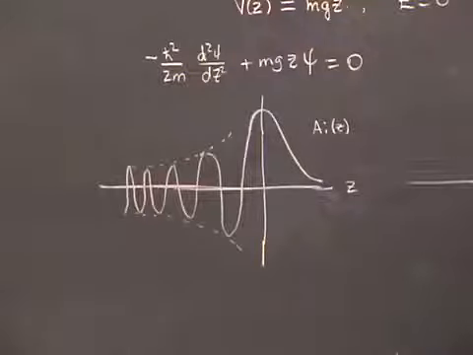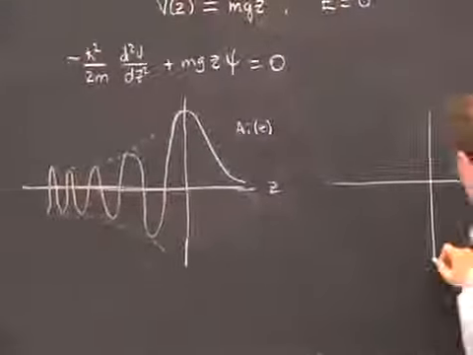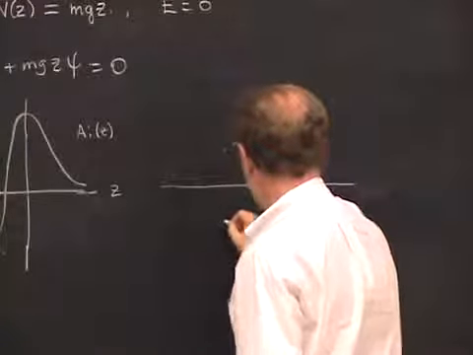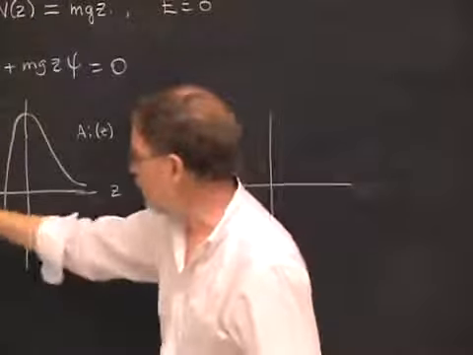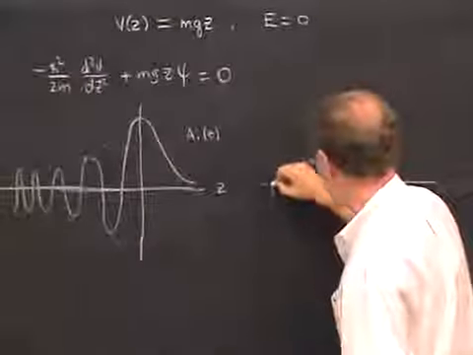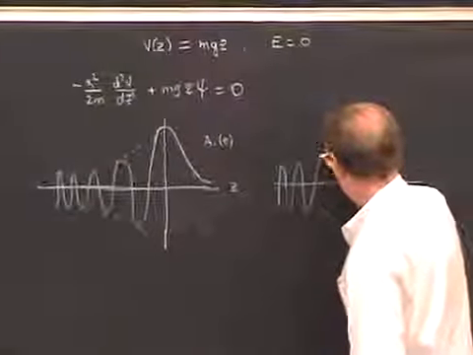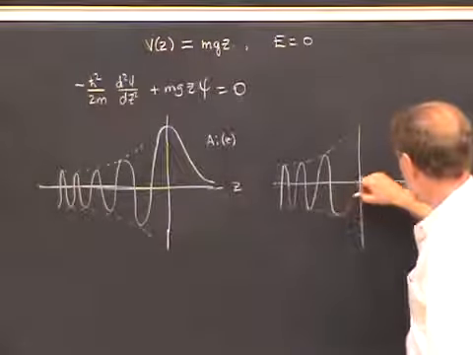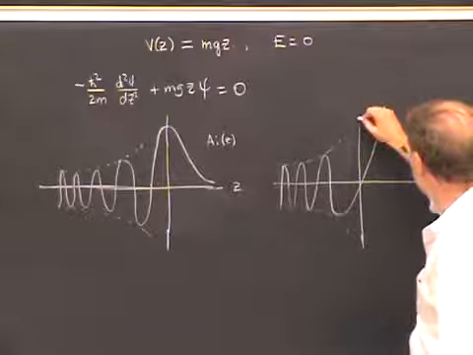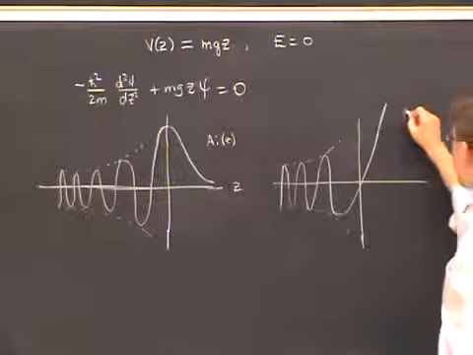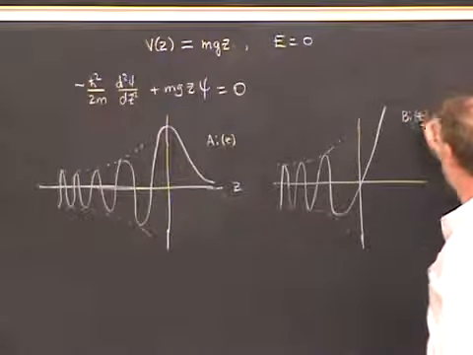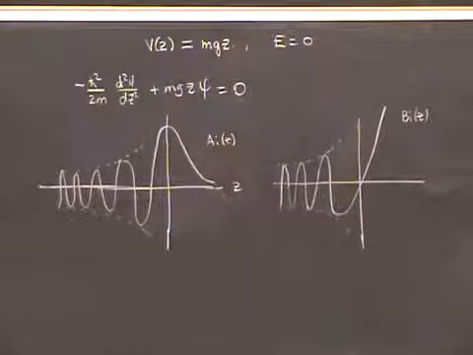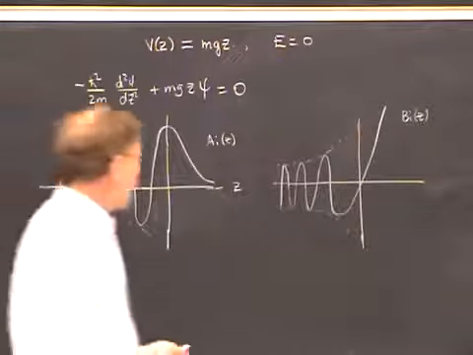Now, as far as the Bairy function is concerned, that's the other linearly independent solution, and it also has the same envelope, like this, but the oscillations are 90 degrees out of phase from the Airy function, so I can't really draw them on the board, but they get longer wavelength as you get closer to z equals 0. And then in the classically forbidden region, they diverge exponentially. This is the Bairy function, which you would say is the solution that has to be rejected because of boundary conditions for the particle in the gravitational field.